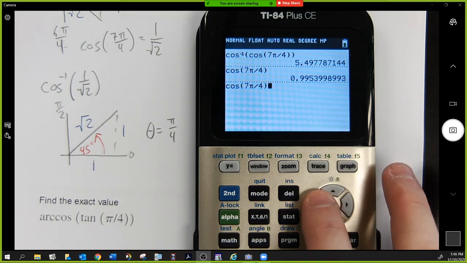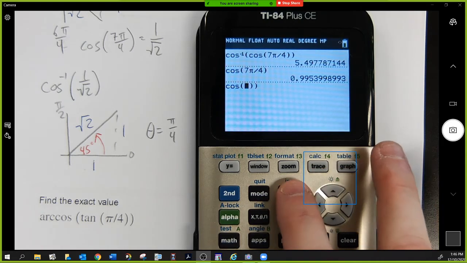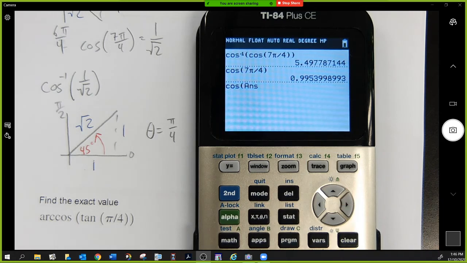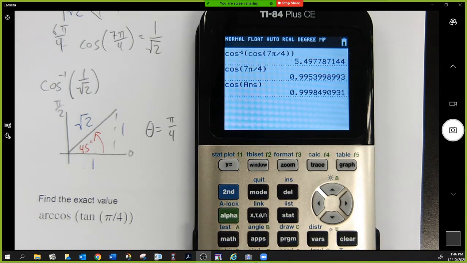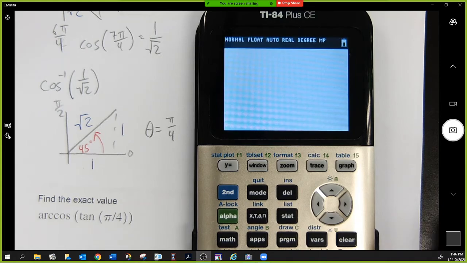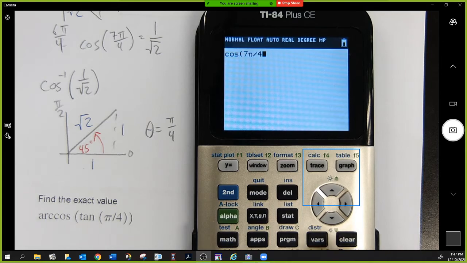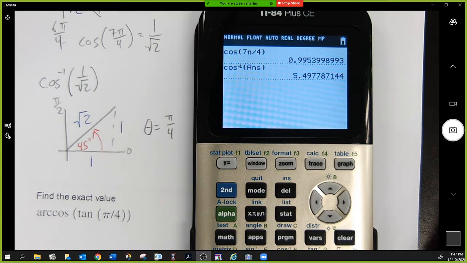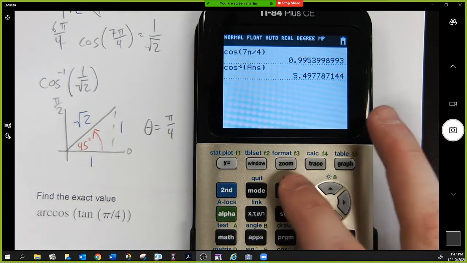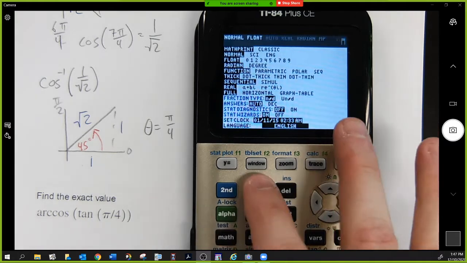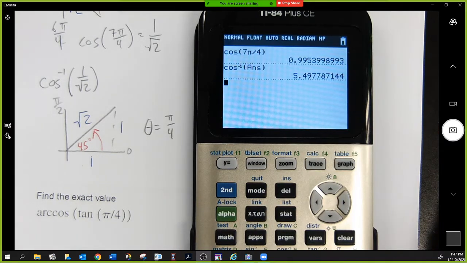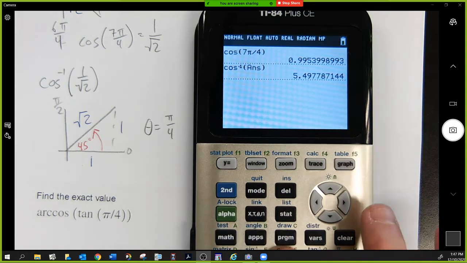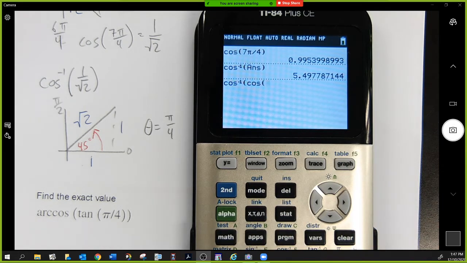What just happened? Okay, something's all kinds of borked. Cosine of 7 pi over 4. You know this worked perfectly in first period when I wasn't recording. There. Cosine inverse of that. I don't know why it's doing that. It doesn't make any sense that it would work in radian mode, though. Doesn't make any sense at all. You're crazy. I am now.